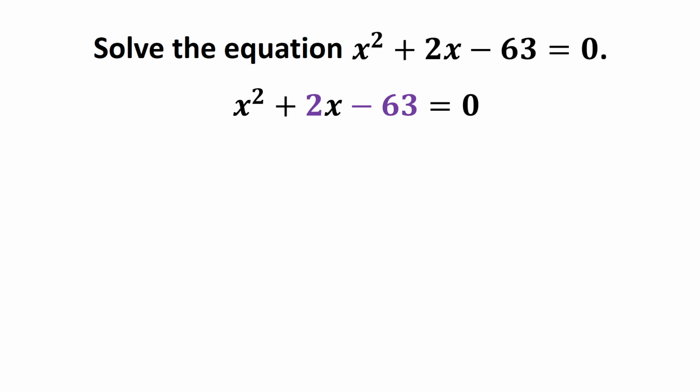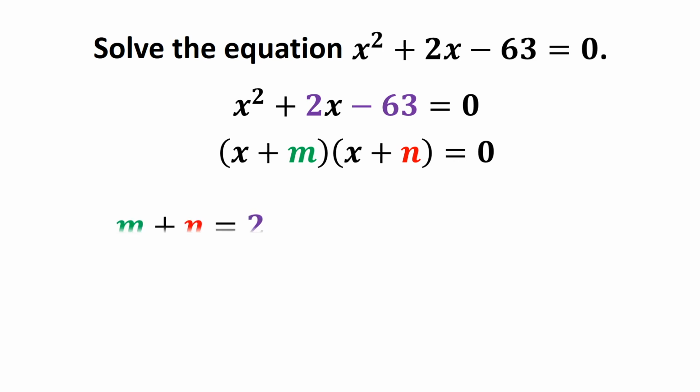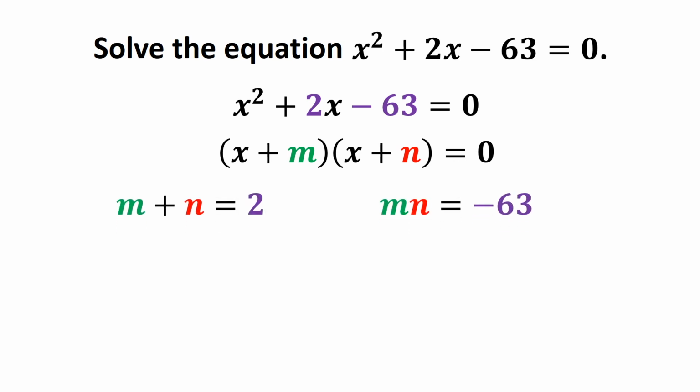Let's express this equation in the form x plus m times x plus n is equal to 0 with two conditions. 1, m plus n is equal to 2, and 2, mn is equal to negative 63. Since the product is negative 63, the integers m and n are opposite in sign.